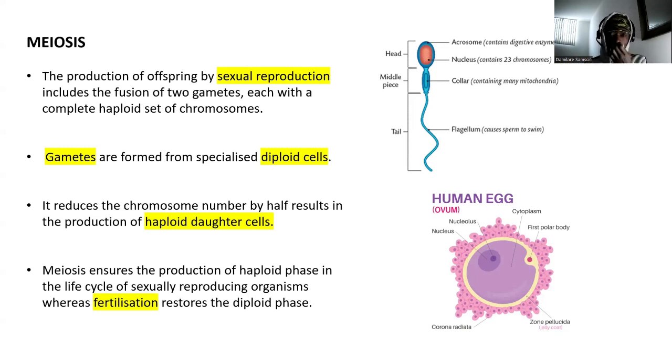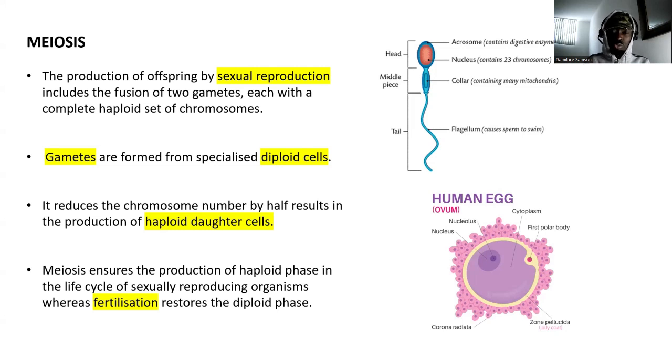Each of these gametes has 23 chromosomes, which is also called a haploid set of chromosomes. Haploid means half of diploid. Diploid, D-I and ploid, means two. Haploid means one.